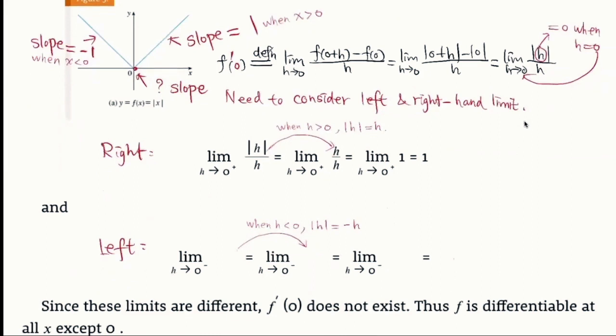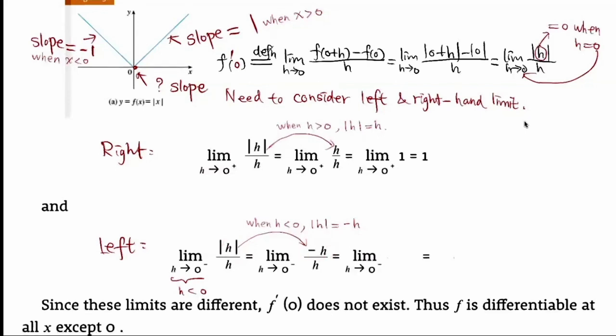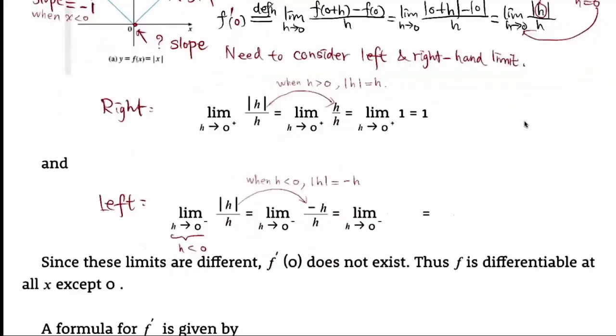What about the left hand limit? For the left hand limit, h approaches 0 from the left, so h is less than 0. When h is less than 0, the absolute value of h is equal to the opposite of h. So we replace the absolute value of h by negative h. Simplifying, we get negative 1.